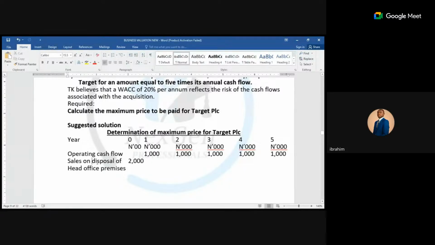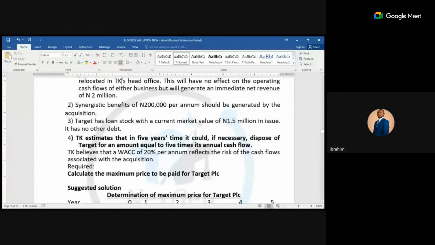So just disposal of synergistic benefits is a cash inflow that will arise and occur.